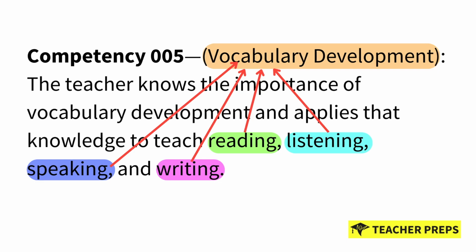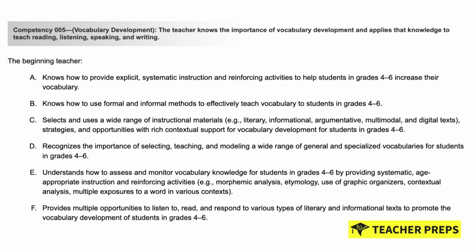All right, so now that we know the gist of what we have to learn by the end of this lesson, let's further explore the description statements within this competency. As we can see, there are a total of 6 descriptive statements. In this online course, I'll walk you through each and provide you with everything you need to know for your exam. If that sounds good to you, let's begin.